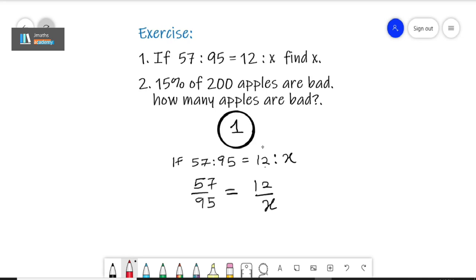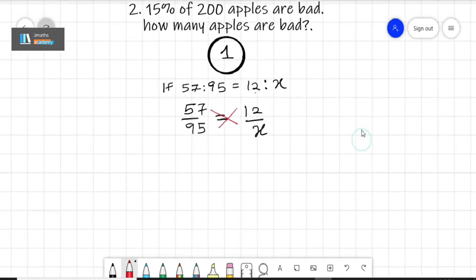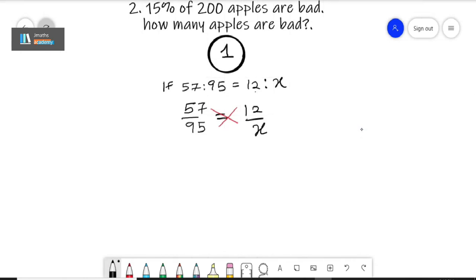So here we can simply cross multiply. And when we do that, we have 57 multiplied by x is equal to 95 multiplied by 12.